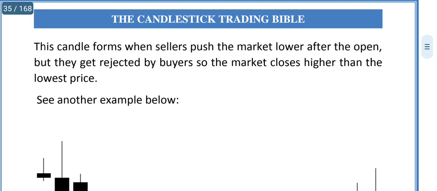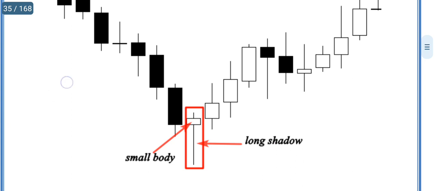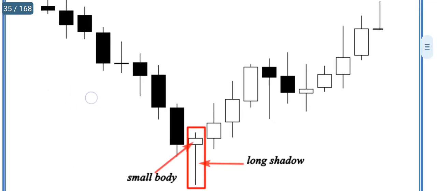You can see this in the example below. We have the small body and the long lower shadow.